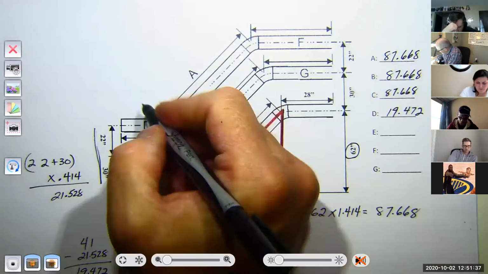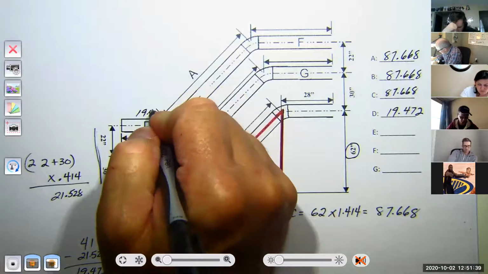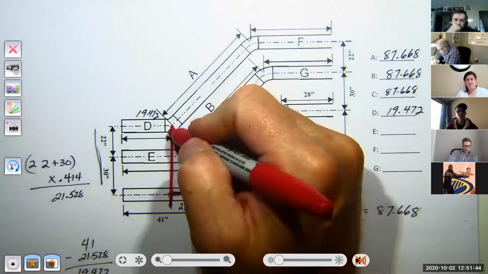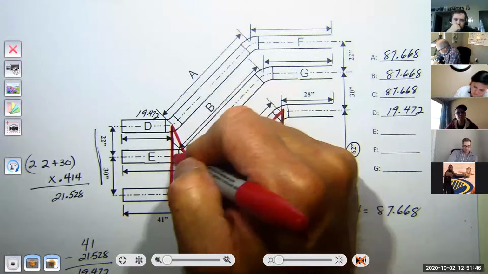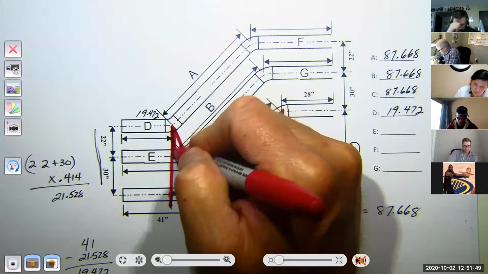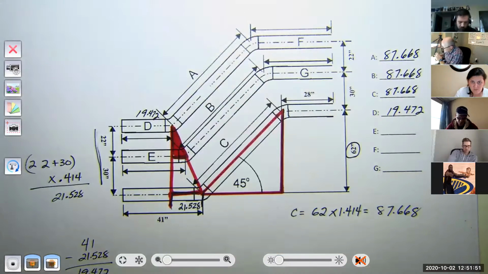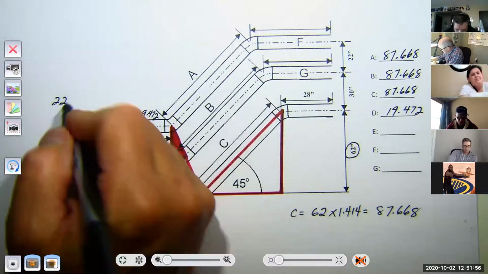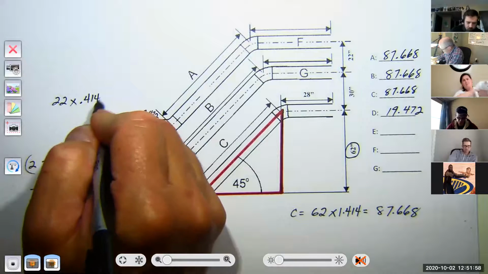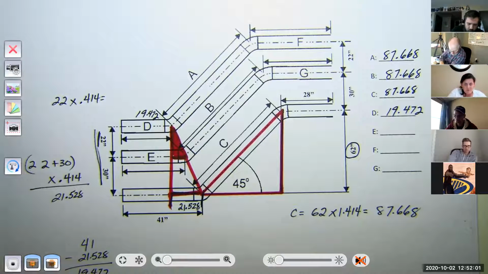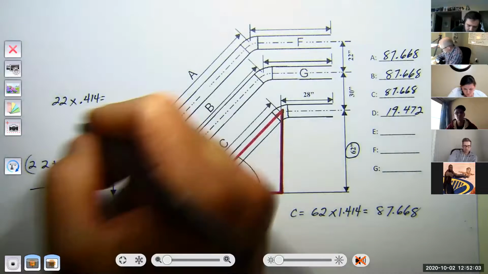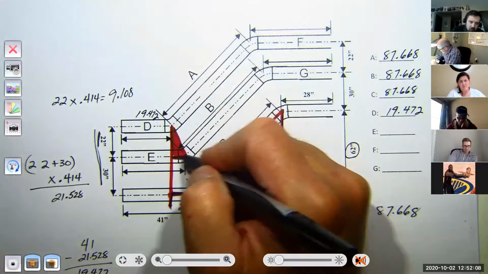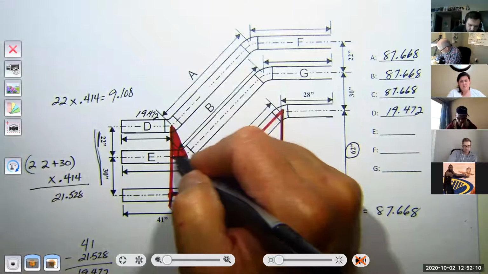Now that we got D at 19.472, I could simply do this short 22.5 degree right angle triangle and say 22 times 0.414 is 9.108, and I will add that 9.108 right here.